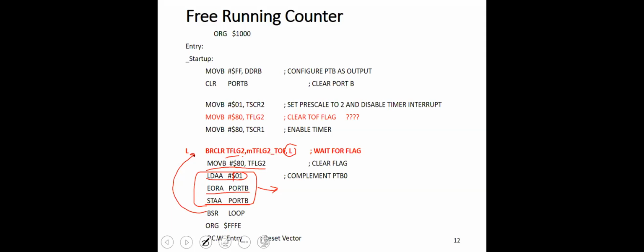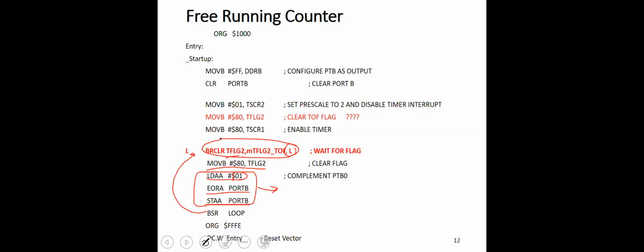Which is better, this approach to generate this square wave with this frequency, or basically to write a subroutine that delays for 10 milliseconds, and we call it, let's say, twice, or we do the same. For example, here, instead of this, we just write call subroutine that delays for 10 milliseconds. Which is better? In other words, is it better to generate the delay using software or using the hardware?